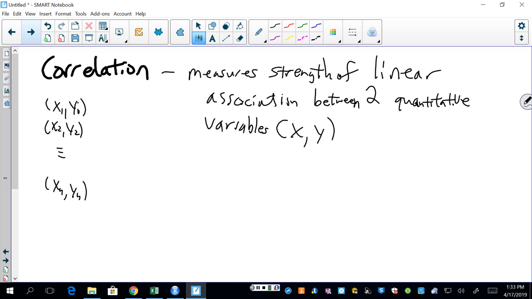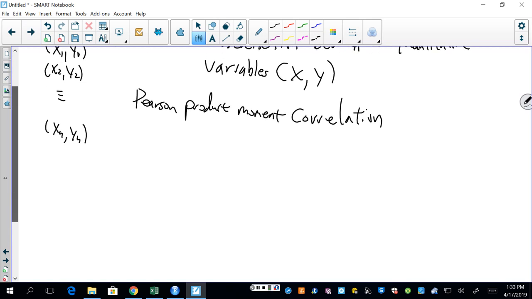And our measure is, the big full name is the Pearson product moment correlation. That's one representation of it. And you'll see different forms, whether you multiply things out or expand on something.